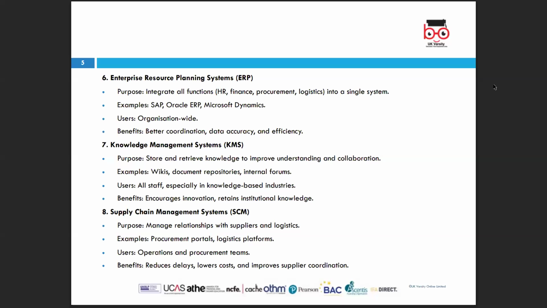Also, we have the knowledge management system. The purpose of having this system is to store and retrieve knowledge to improve understanding and collaboration. Examples of tools are wikis, document repositories, and internal forums.